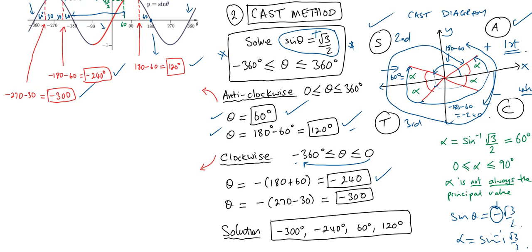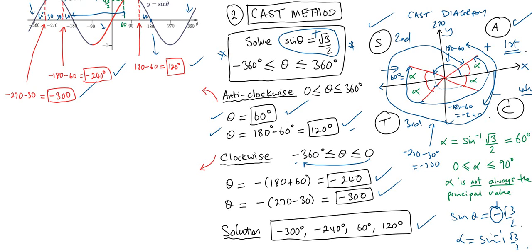So that is minus 270 minus another 30, because remember this is 270 here. Minus another 30 is minus 300. Or you can just say 360 take away 60 to give us minus 300. So there are the solutions.